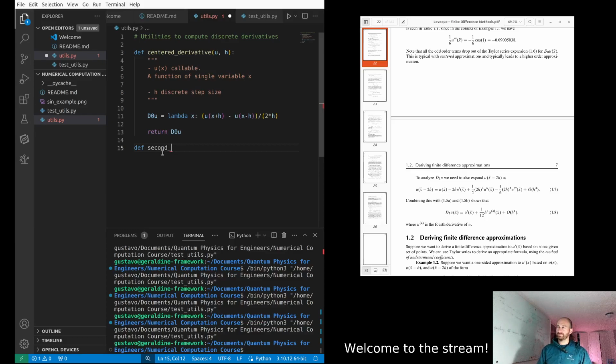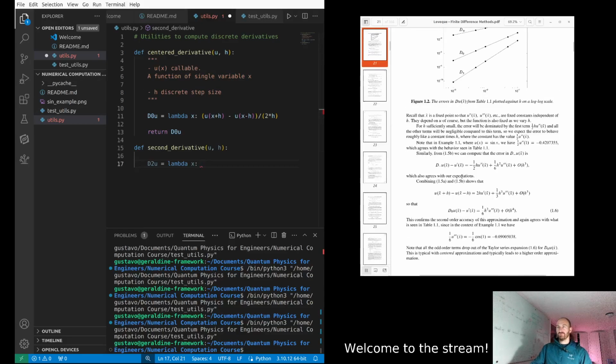But we can also just implement it right away. So we also need the function and the step size that we want to estimate with. And in this case, we're going to do d2 of u, also a function lambda of x, and we use the other formula for u.